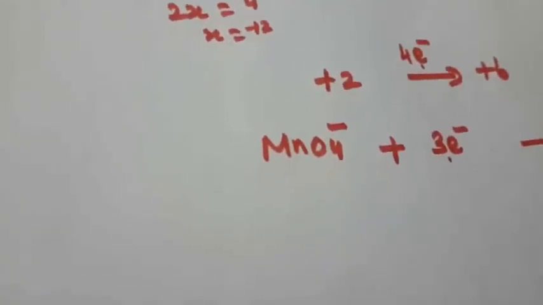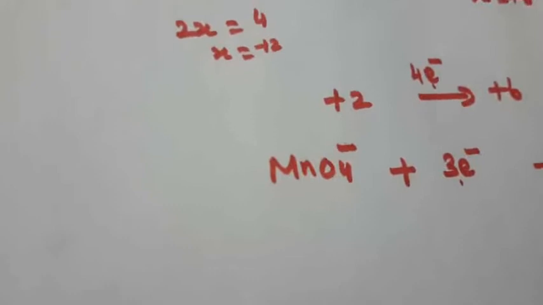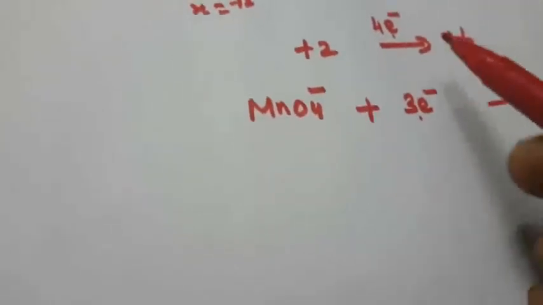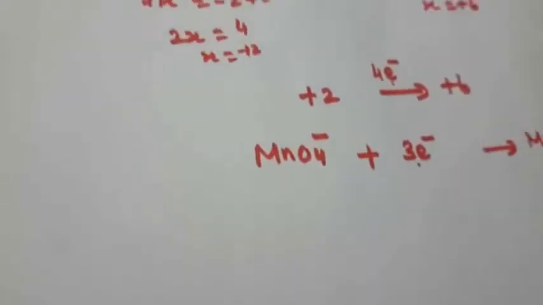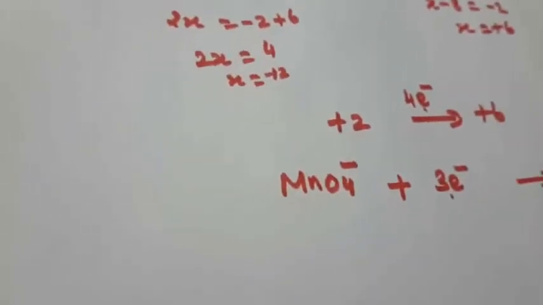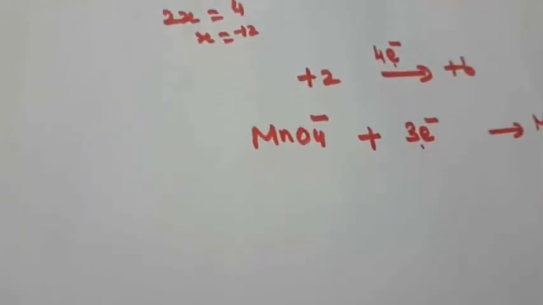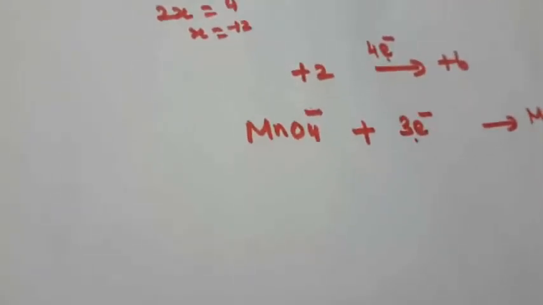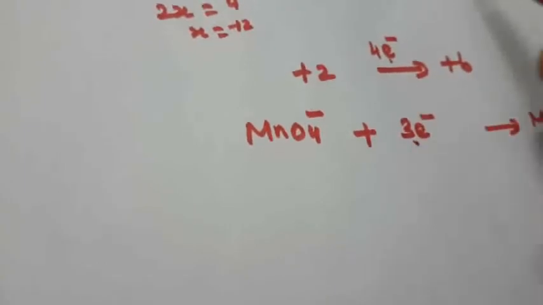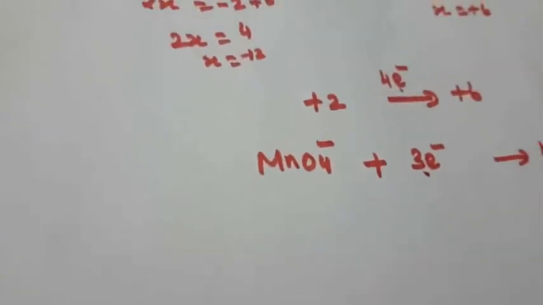This side you write how many electrons, that is 4 electrons, right? So this equation is multiplied by 3. This equation is multiplied by, so here 3 is there, here 4 is there.